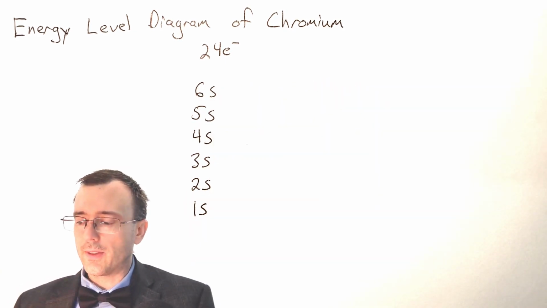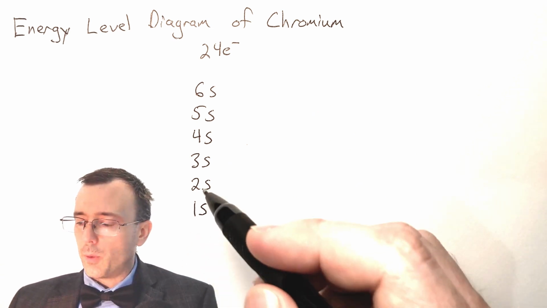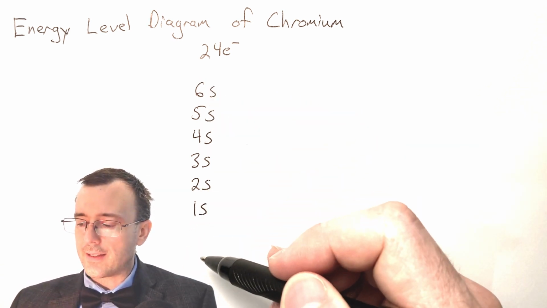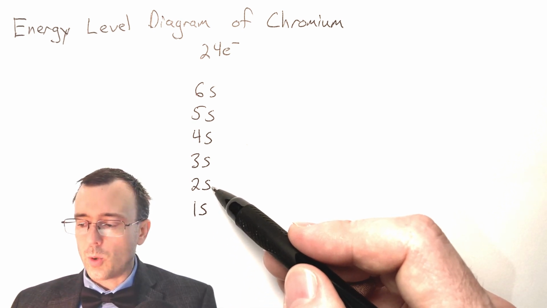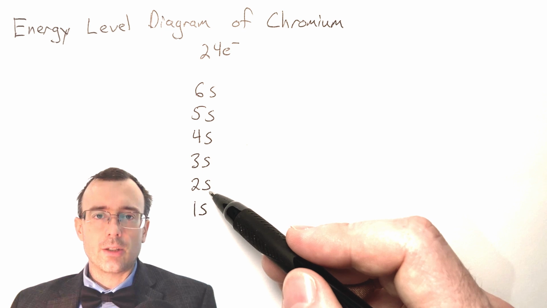I'm not going to get all the way up to the 6s or anything like that, okay? But we write in here a column of s's. And then after that, we recognize that every time you go up in principal quantum number, you gain an additional subshell.